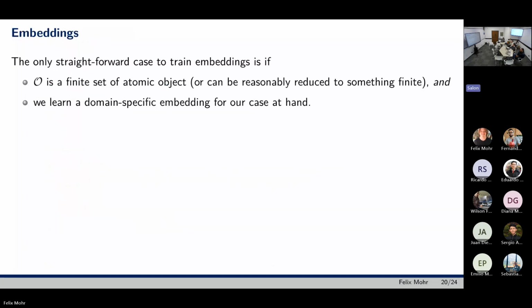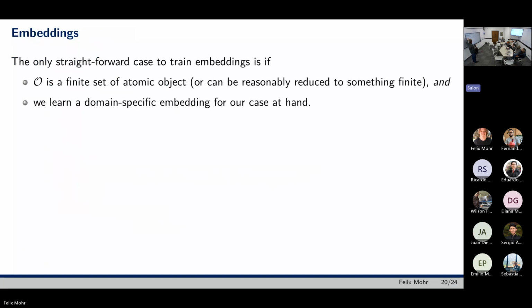The point is now, embeddings seem super useful, and they are super useful, but they are not really straightforward, at least not if you start from scratch. If you want to train a new embedding, this is only straightforward if two conditions are met. First, only if the number of objects is finite and the objects are atomic.